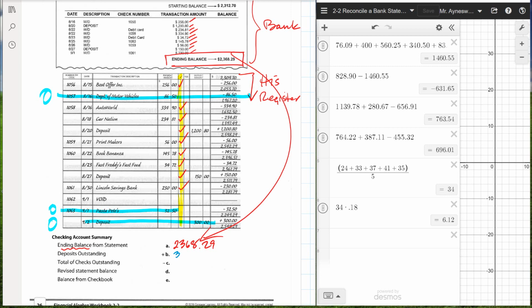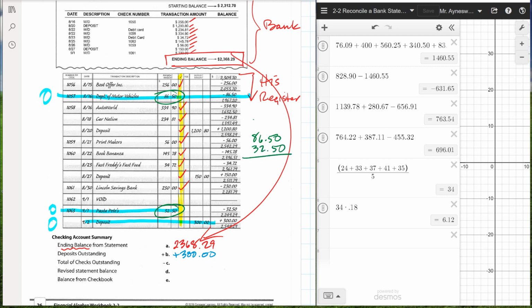So I'm going to record that here. I'm going to put a plus sign just because it's a deposit. And then we have some checks that were written. We have two checks that are outstanding, so we have to total those up. $86.50 plus $32.50.